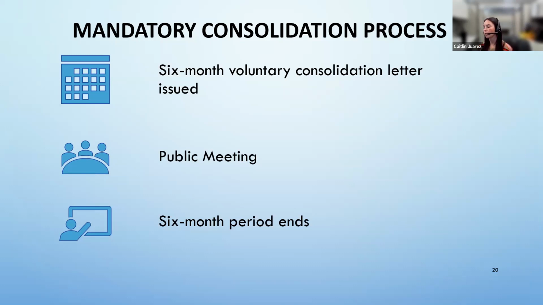The first step in this process is to officially notify the water system that would be consolidated, so the subsumed system and the larger water system. We'll notify both the subsumed and receiving systems that they have 6 months to negotiate consolidation voluntarily, and then to report back to the state board at the end of that 6-month period.